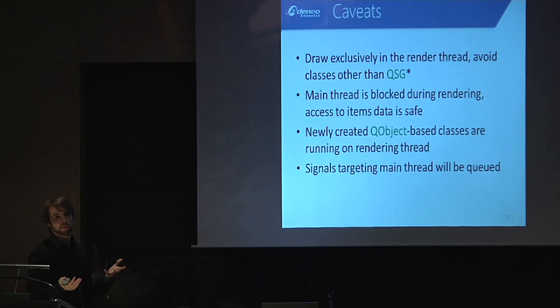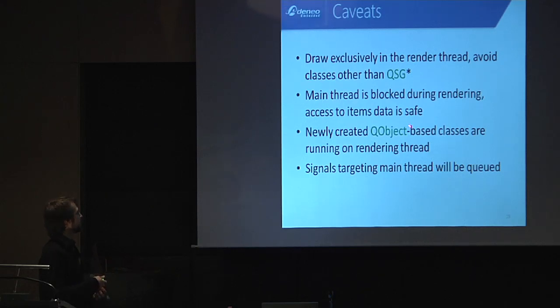As always, when doing things with threads, they are really a great thing to separate different processes, different operations you have to do, but you have to be very, very careful. The main thread is blocked during the rendering, which means that you can access data of your item without wondering if it's modified by the main thread at the same time.